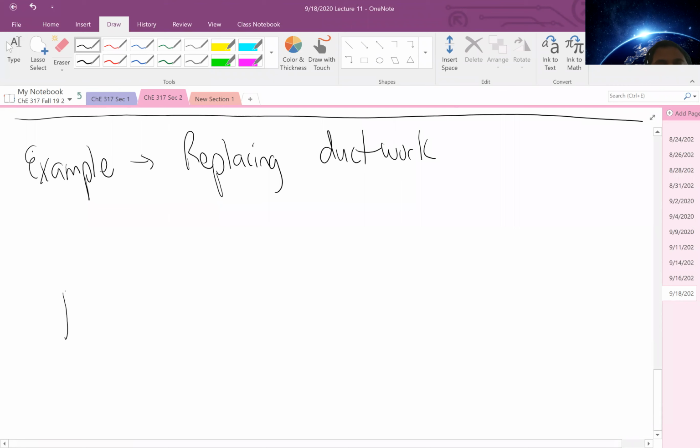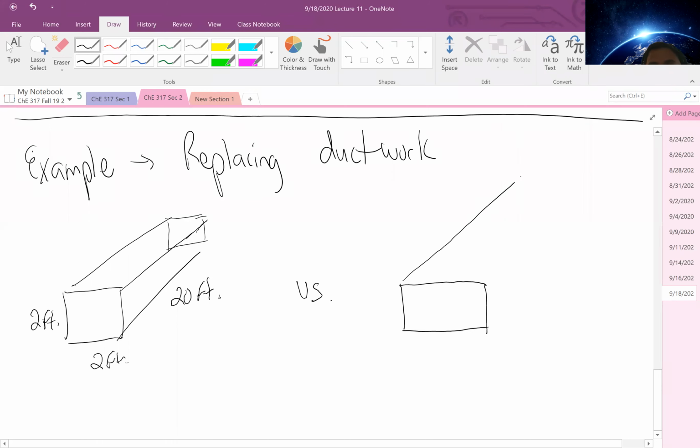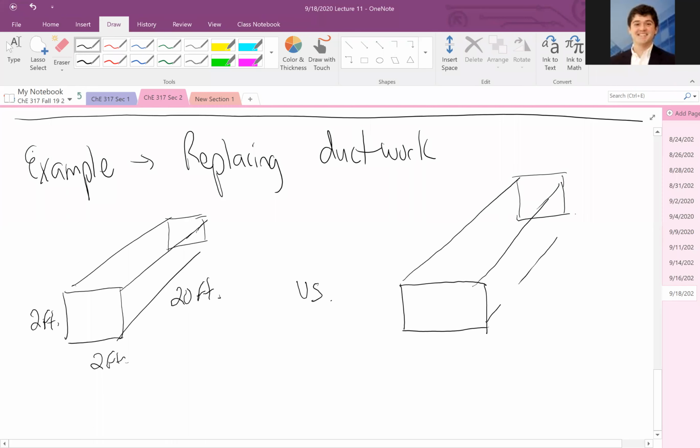Originally we had a 2 feet by 2 feet by 20 feet section of duct, and it's going to be replaced by a new duct design that is 2 feet by 4 feet, but 30 feet long.